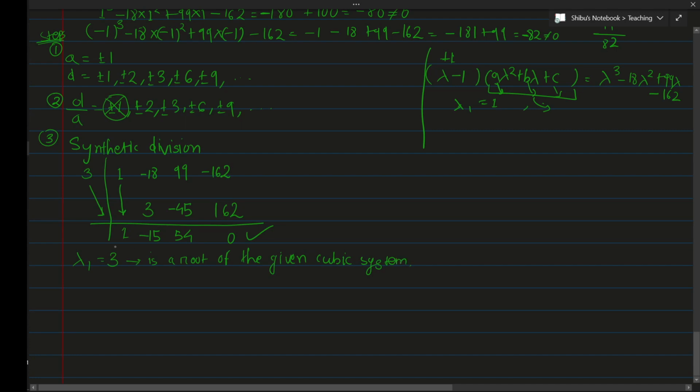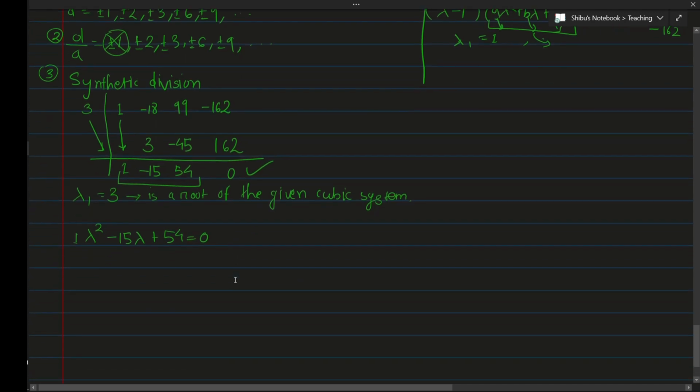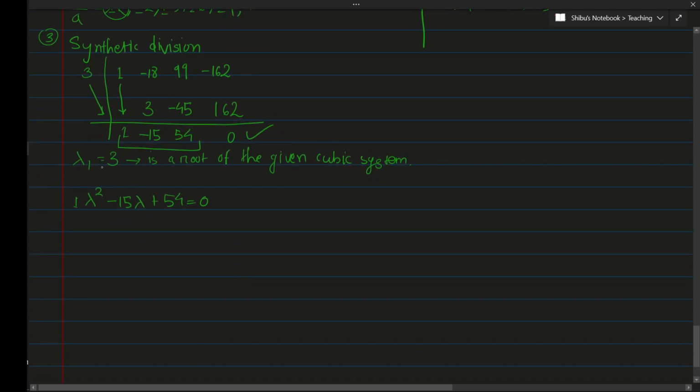Now we have these coefficients, so these are very useful. We'll write our quadratic equation accordingly: lambda squared minus 15 lambda plus 54 equals 0, which we get after factoring out this term.